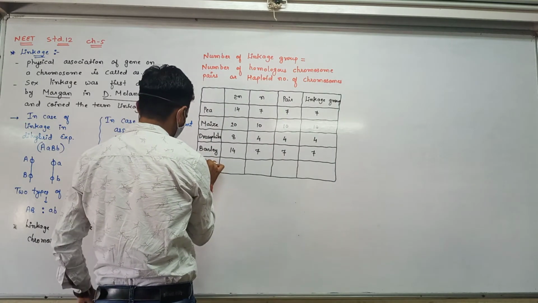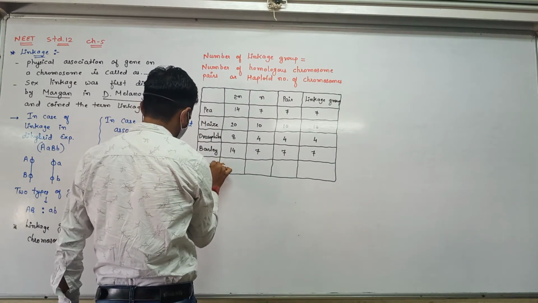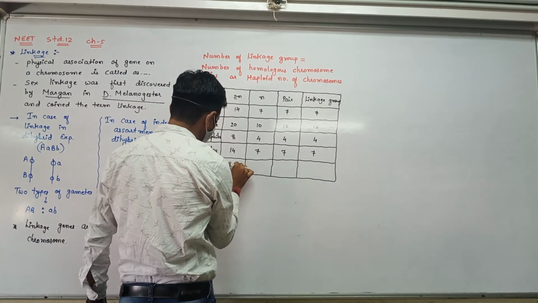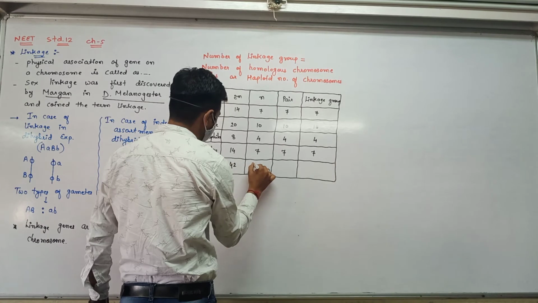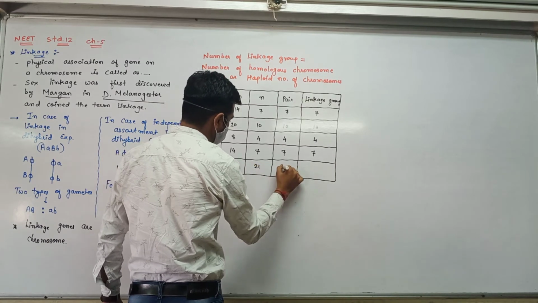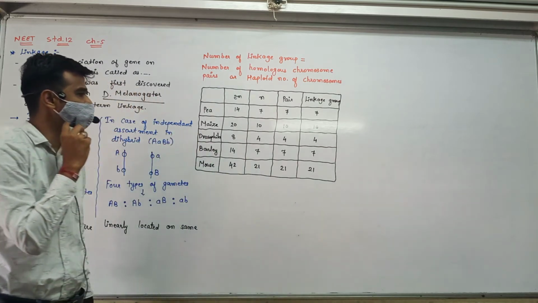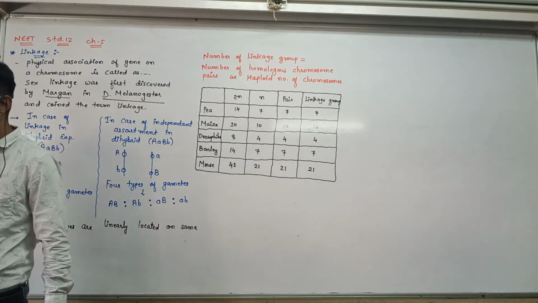And mouse, 42 chromosomes, 21 pair, in haploid 21, and linkage group also 21.